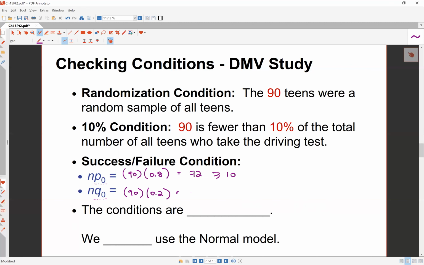And if you do these calculations, in both cases, the quantity is at least 10, which means success-failure condition is satisfied. So in this case, conditions are satisfied, and that means we can use the normal model for this proportions test.